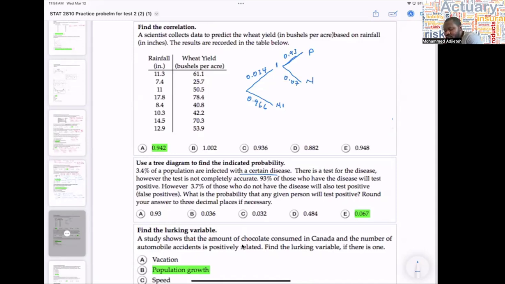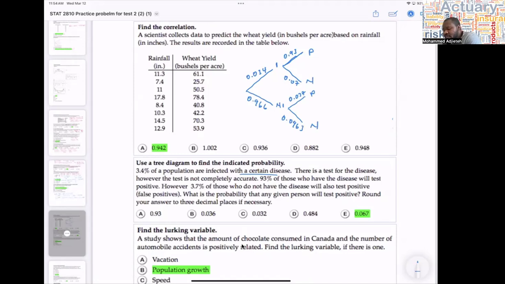However, 3.7% of those who do not have the disease, those who are not infected, will test positive. Because the test is not accurate, 0.037 of them will test positive, and then here is going to be 0.963 will test negative. Okay, that is how to show that on a tree diagram.